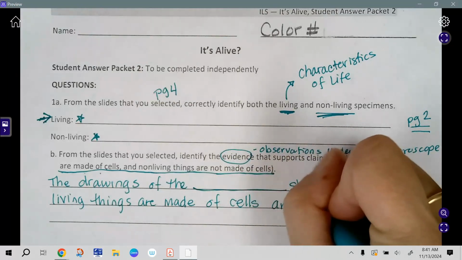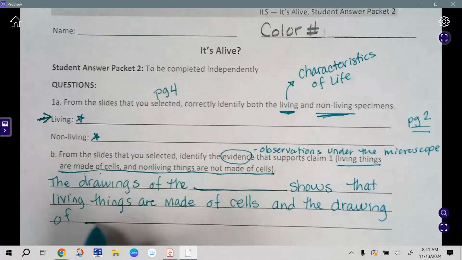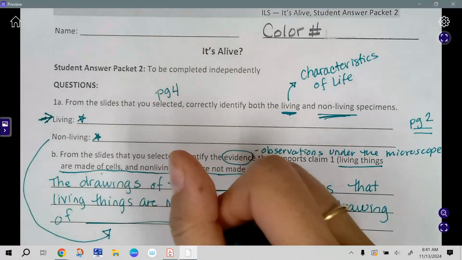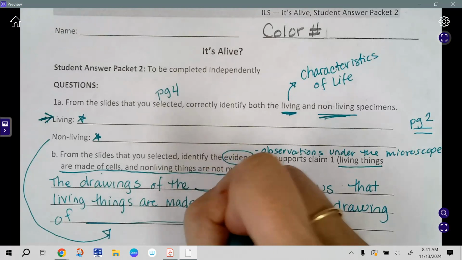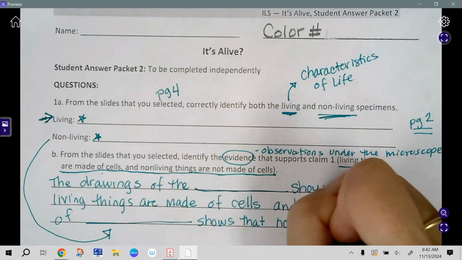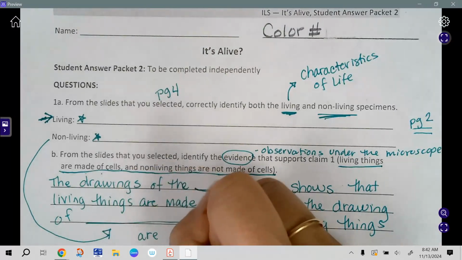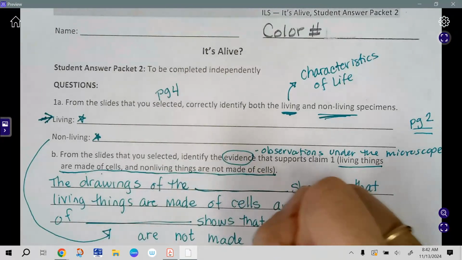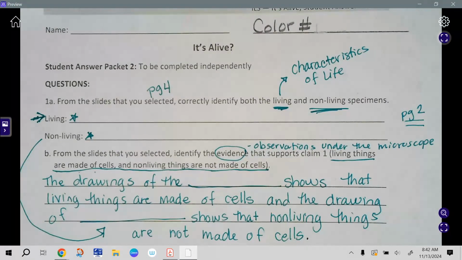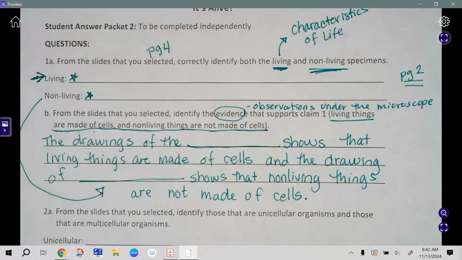And the drawing of, and now you're going to fill in your non-living thing, shows that non-living things are not made of cells. Okay? So make sure you have completed 1A and B. And then we can go on to 2A.